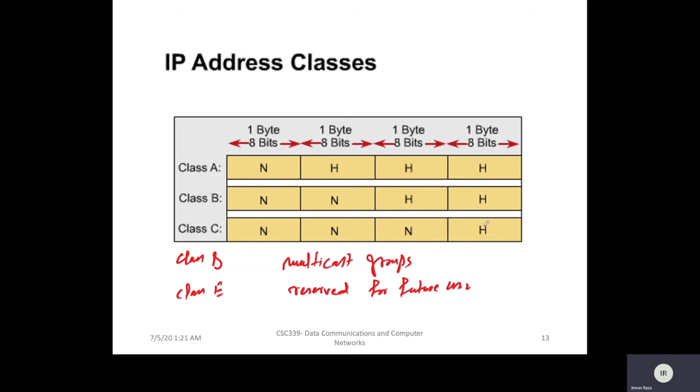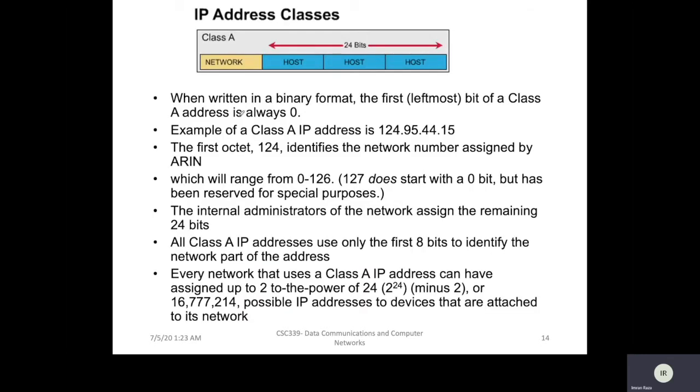Let's discuss this in detail, and let's talk about the first class, class A. In class A, as we have discussed in the previous slide, the first octet, the leftmost octet, the most significant 8 bits represent the network portion, and the remaining 24 bits are for the host portion, right?